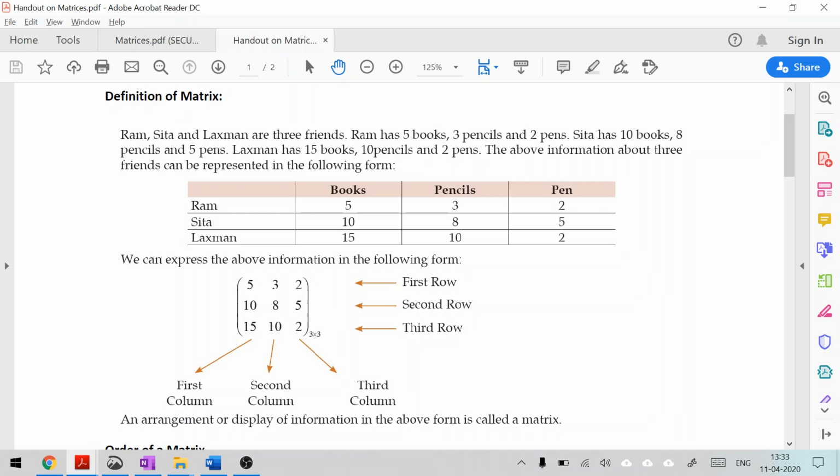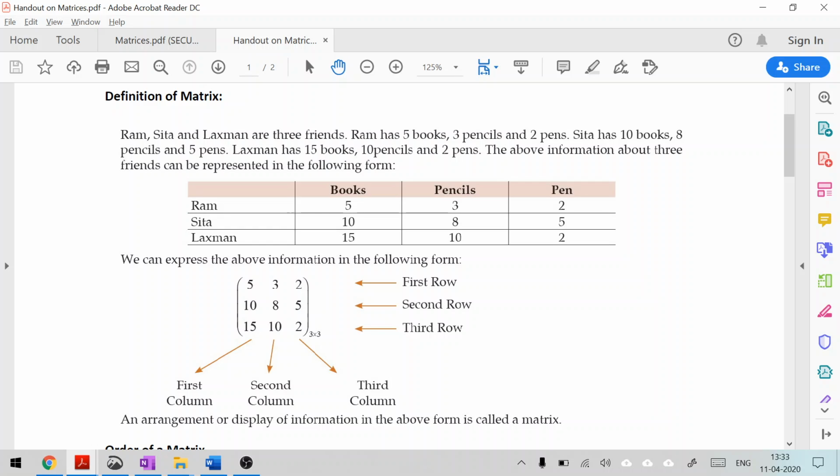The advantage of a matrix is this: I have told you several times in our classroom lectures that when we have a word problem like this, when we start reading from here up to here, it is easier when you convert this text form to a tabular form.